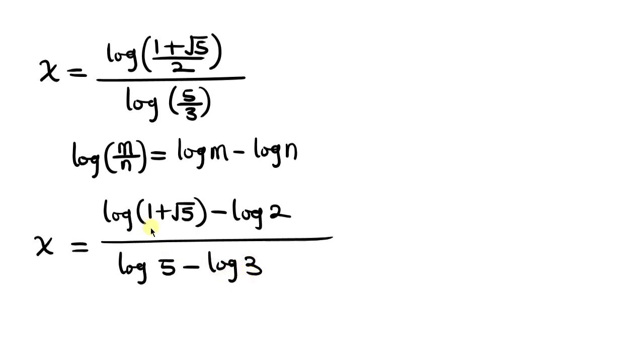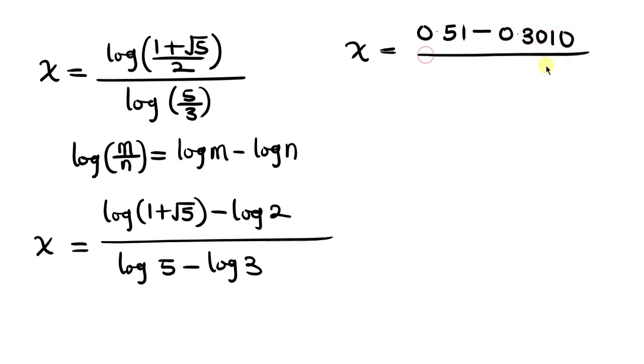And we all know that x is equal to the log of 1 plus the square root of 5 is 0.51 minus log 2 is 0.3010 all over. Now the denominator, log 5 is 0.699 minus log 3 is 0.4771.